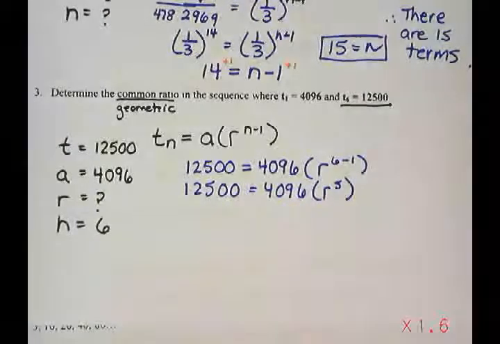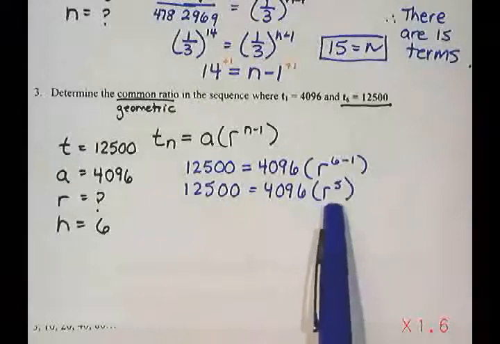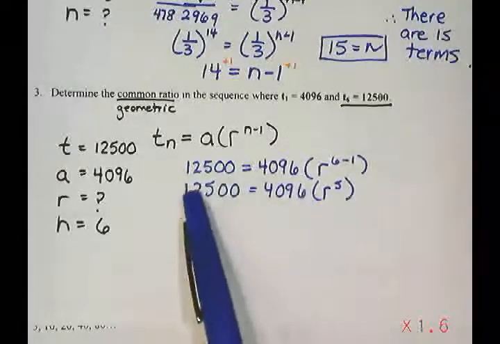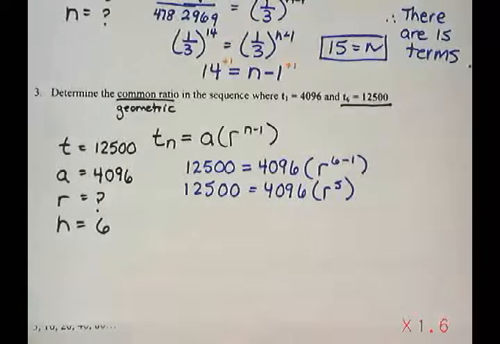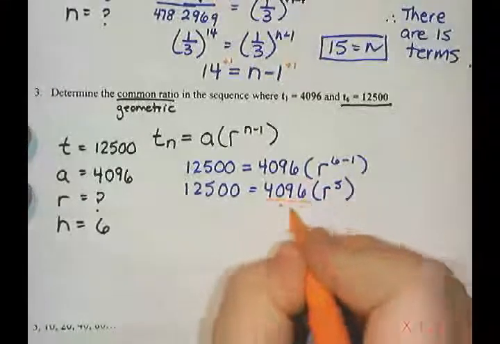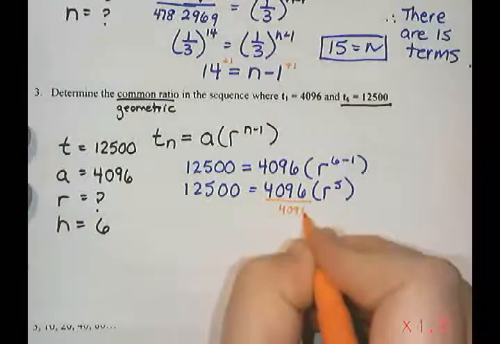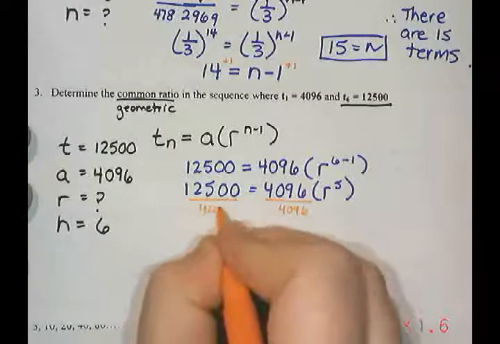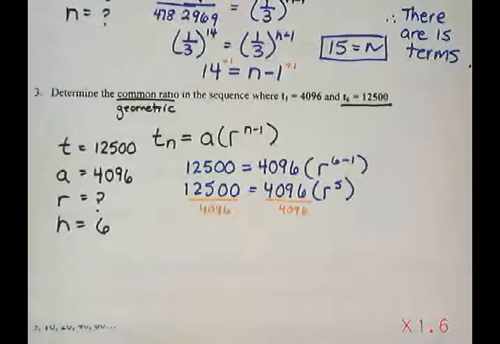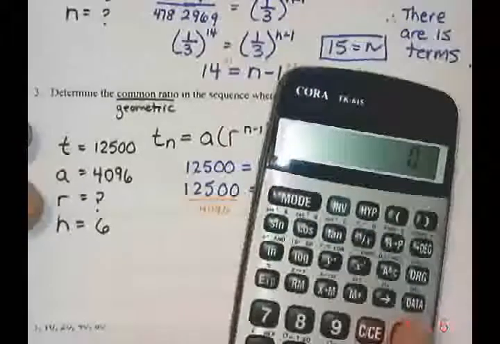And I need to solve for R. So somehow I'm going to need to get these things to the other side. So what I'm going to do is divide both sides by 4,096.